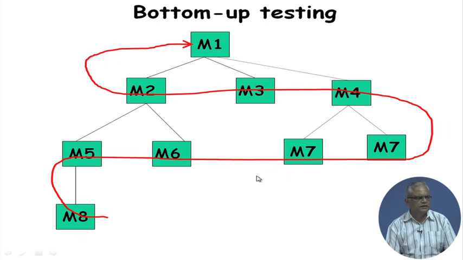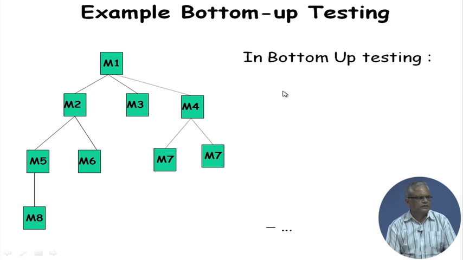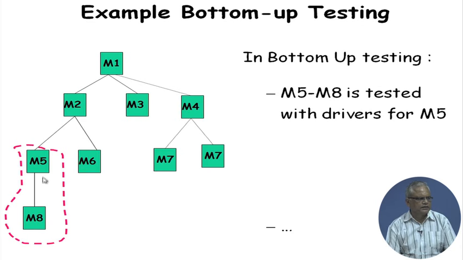But then this is an incremental bottom up testing, and if some of the modules are really trivial, then we might even integrate 2 modules in one step. So, this is an example of bottom up testing. So, first we integrate M5 with M8 and we write a driver for M5, because M8 is being called by M5, but who would call M5?